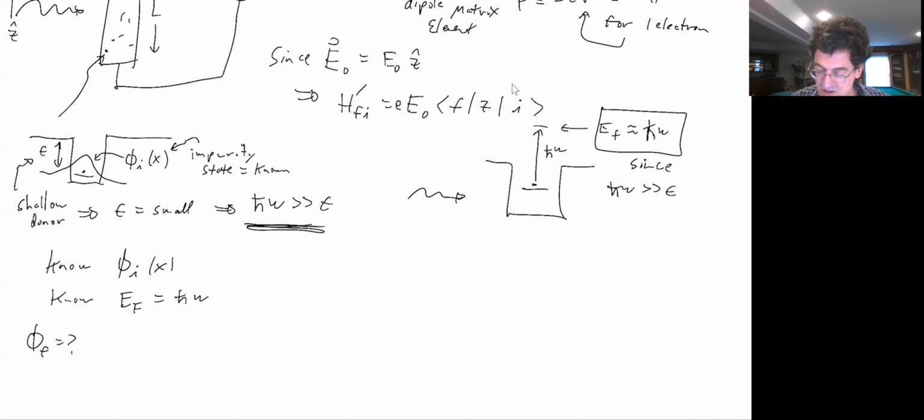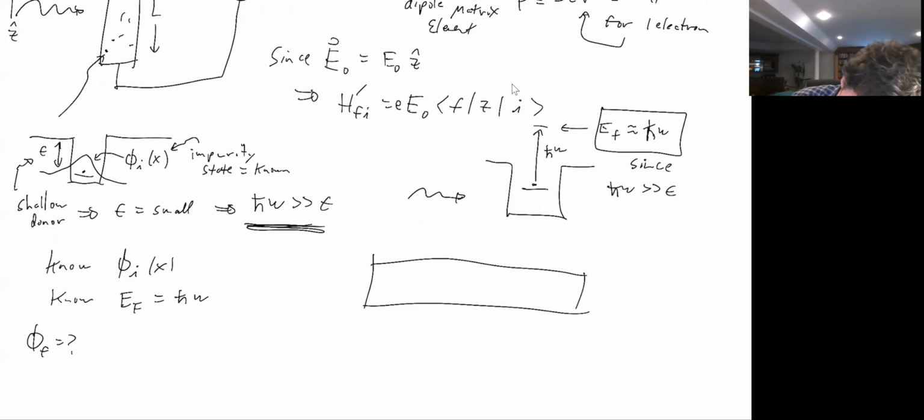We need to know that final state. The way to think about it is I have some impurity which has that electron trapped, but once the electron gets out, it becomes a free particle state. And so that's the final state.